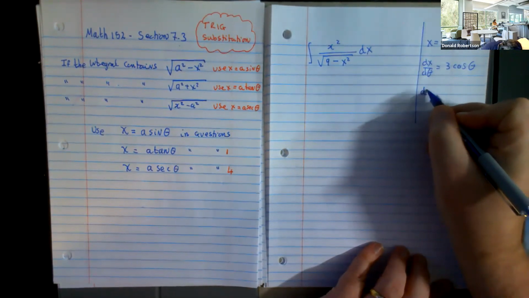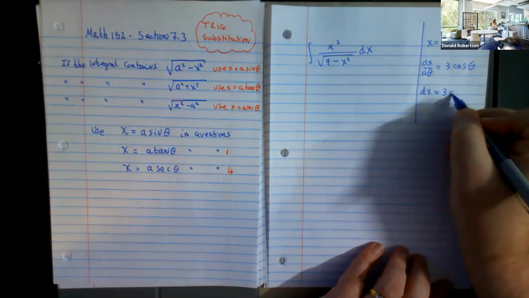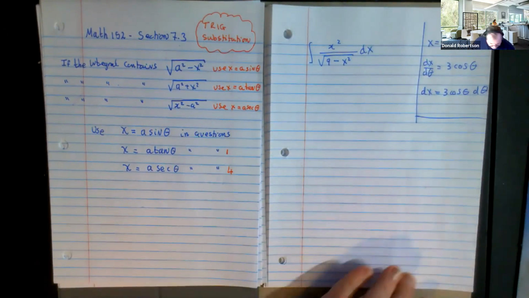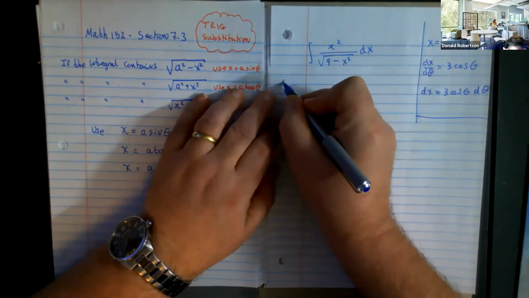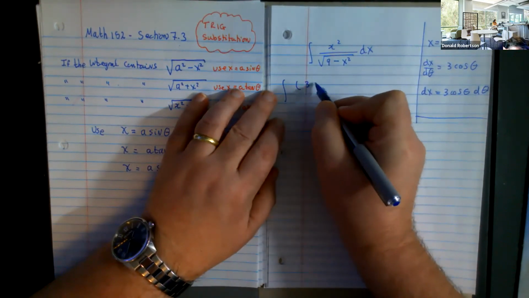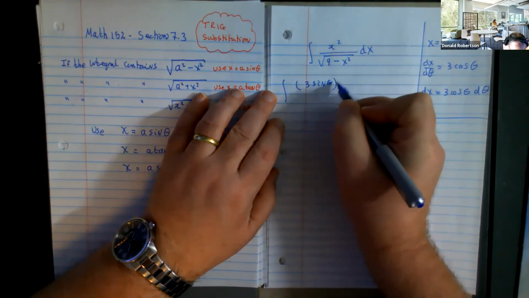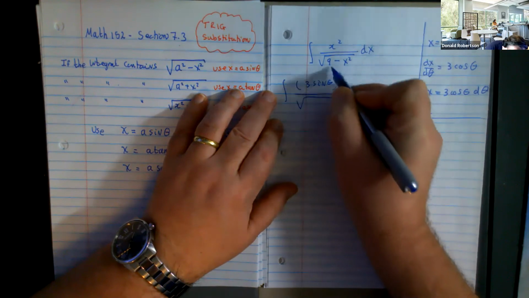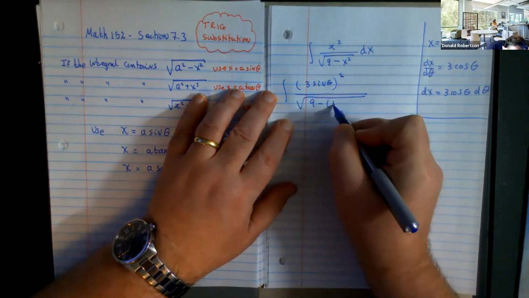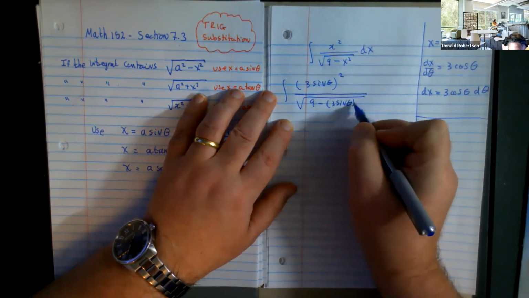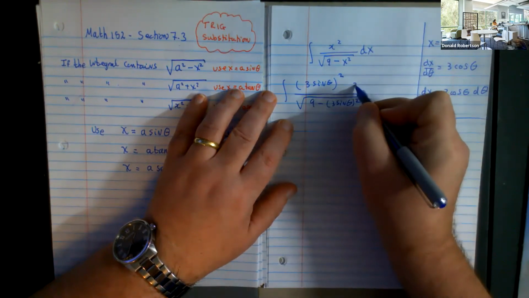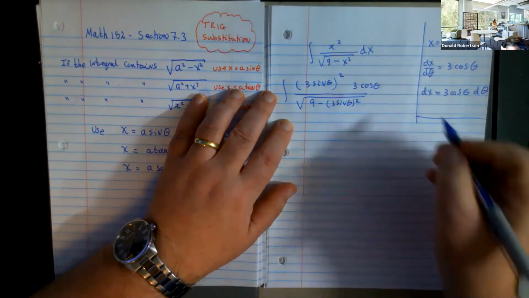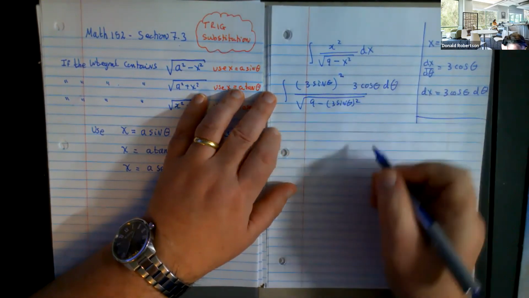If you do the crossover, and this time I'll remember to stop, you get that. So my integral becomes x squared becomes 3 sine theta squared. 9 take away 3 sine theta squared. The dx is 3 cosine thetas d theta.